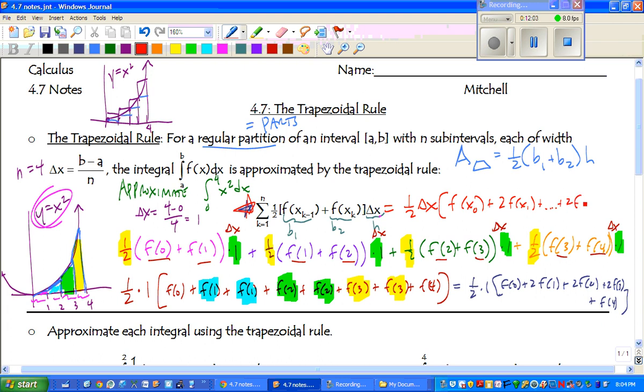All the ones in the middle are going to be 2 times f of x sub n minus 1, plus just f of x sub n. Really, in the end, x sub 0 is a, and x sub n is b. Those are our a and b from here.